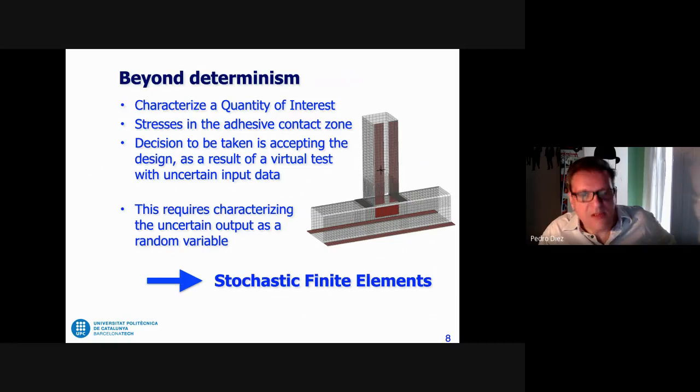And the idea is how much is this quantity, this average stress or average plastic strain, but not as a deterministic value, not as a number, but as a random variable. So we are going to characterize an average, mean, but also standard deviation, and we may also, and that's the idea, characterize the probability of exceeding some critical value, which is actually what matters for an engineer.